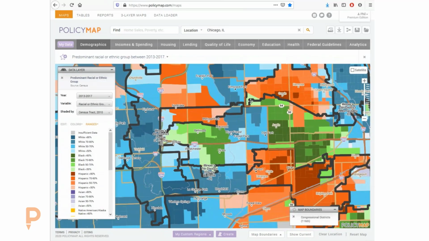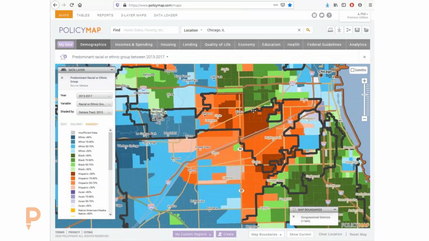They literally cut this all the way back to here. This highway is the only reason why these two places are connected together. It's an amazing map that sometimes shows how gerrymandering could work.